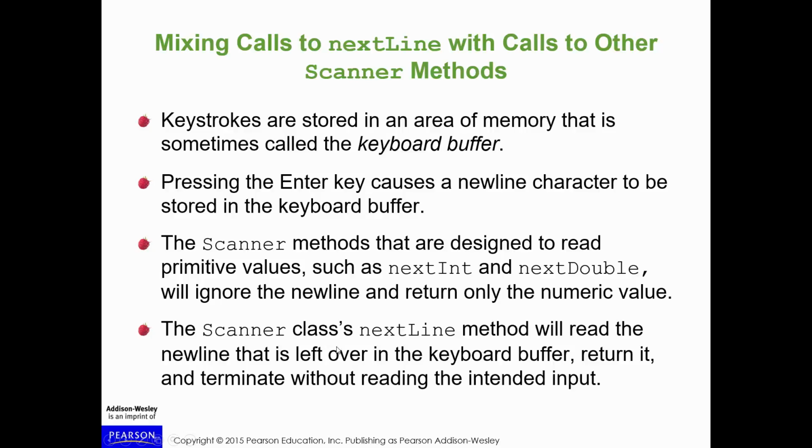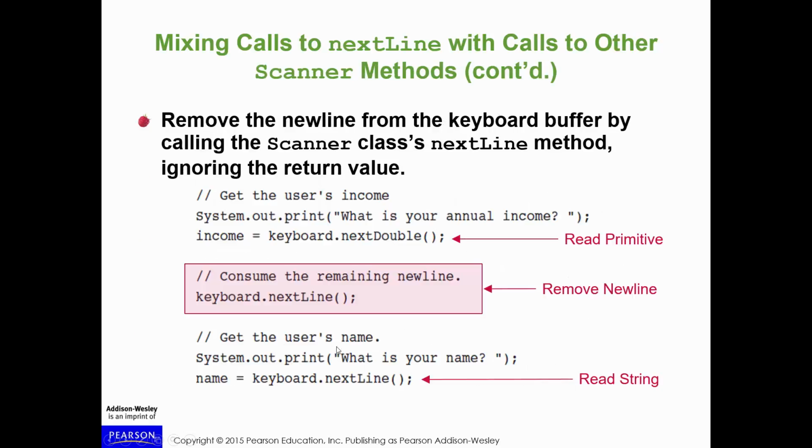And you can occasionally run into problems when you use the keyboard.nextLine. So it says remove the new line from the keyboard buffer by calling the Scanner class's nextLine method and ignoring the value. The bottom line is this. When you work with some of this stuff, occasionally it works a little funky.